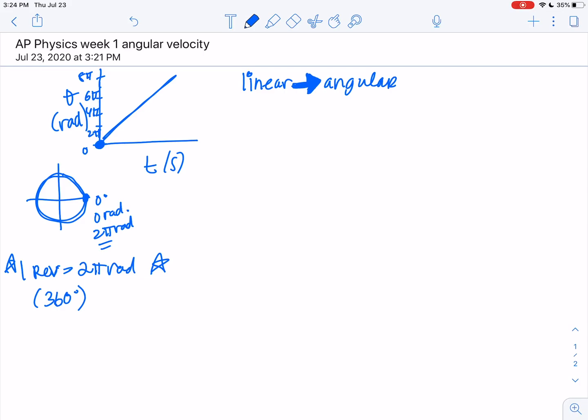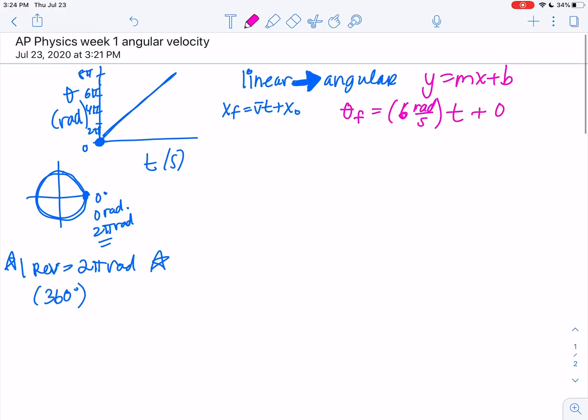So linearly, we had this as our main equation. And as you can hopefully see, you have the same idea here with your y equals mx plus b, but your y is your theta final, that's your angle, equals some slope, which I don't know what yours was, I'll just say 6 radians per second, times the time plus 0 radians.